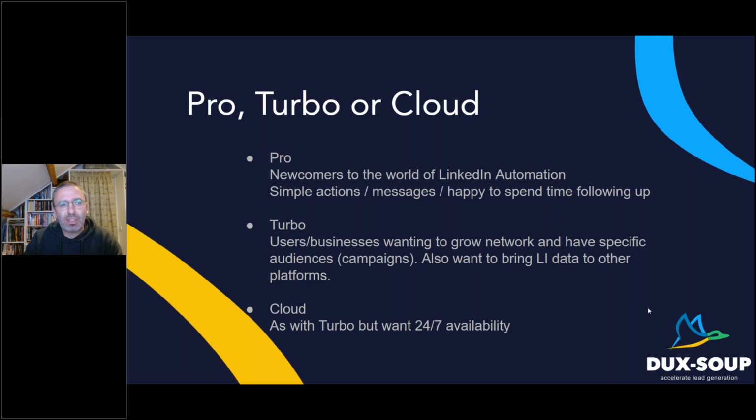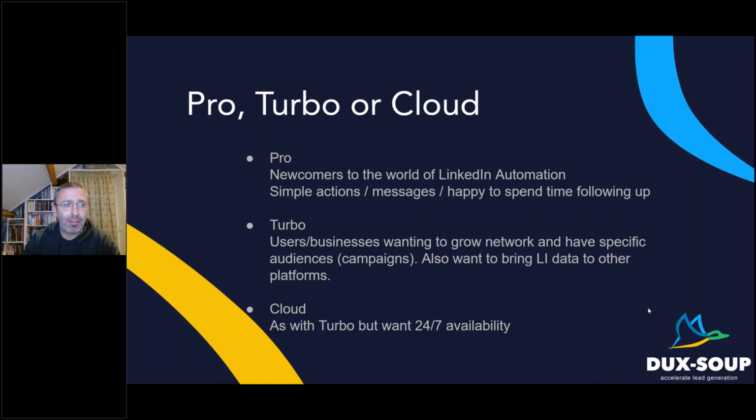Pro is the simplest version of the 3, insofar as you carry out actions in real time, but the Turbo and the Cloud versions give you much greater possibilities with the campaign activities, being able to just queue up and forget about it. With Pro, you need to interact with the product probably most days. You need to go in there, find your list and then set the robot off to go.